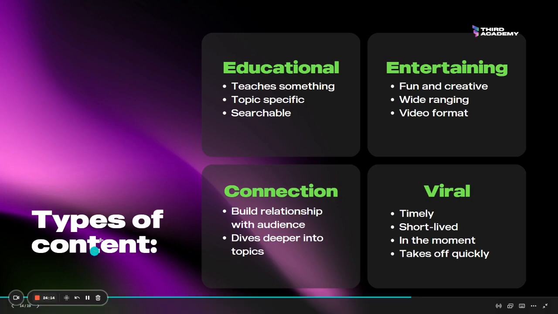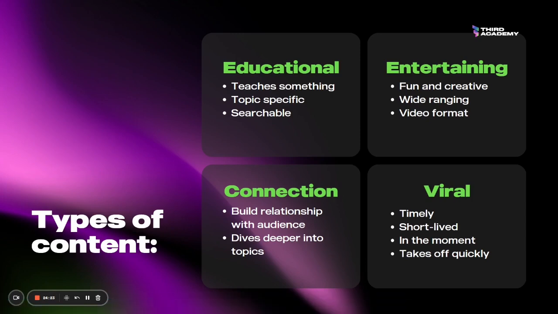Entertainment is more like fun and creative. It can be wide-ranging. Entertaining content is usually in the form of video, like short-form videos or longer-form videos on YouTube or TikTok. There's connection-based content, which really is building a relationship with the audience, and it dives deeper into different topics. It just creates that relationship.